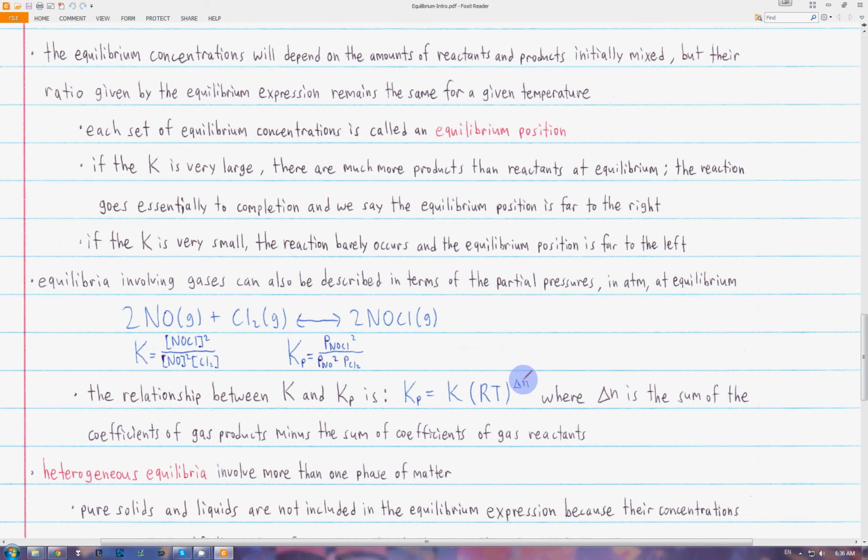And delta n is the sum of the coefficients of gas products minus the sum of the coefficients of all the gas reactants. So for example, in this reaction, the coefficients of the products is 2, and then the coefficients of the reactants is 2 plus 1, which is 3. So delta n would be 2 minus 3, or negative 1.